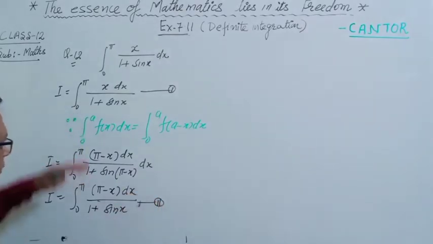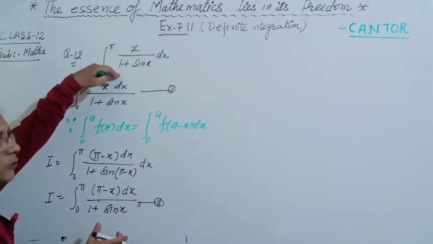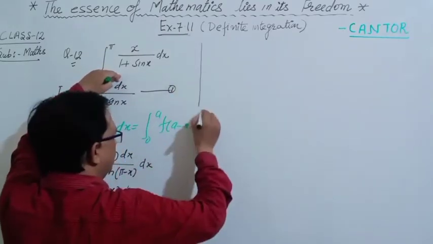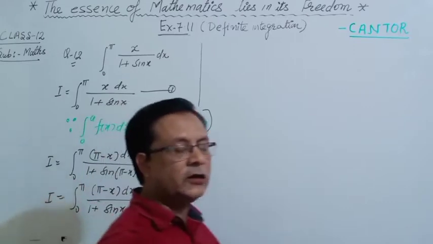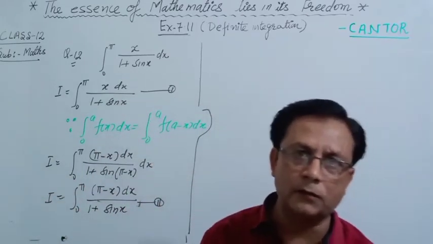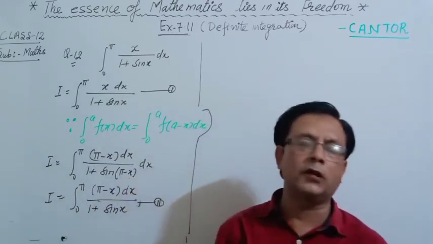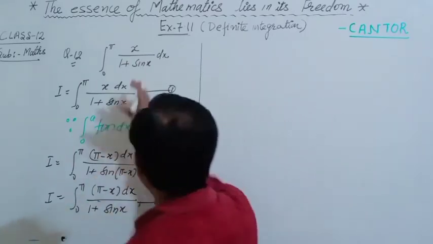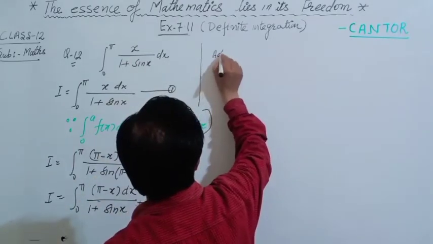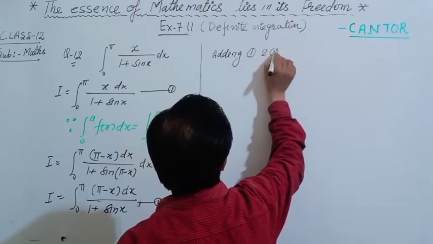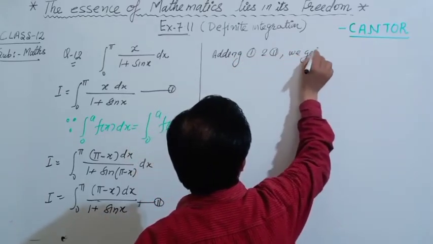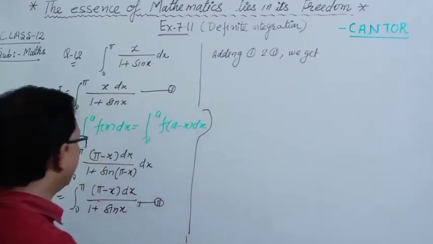Now according to our process we add both these two equations. In 99% of cases after applying property 4 we add both the equations. Okay, so add these two equations, adding 1 and 2 we get I and I becomes 2I.